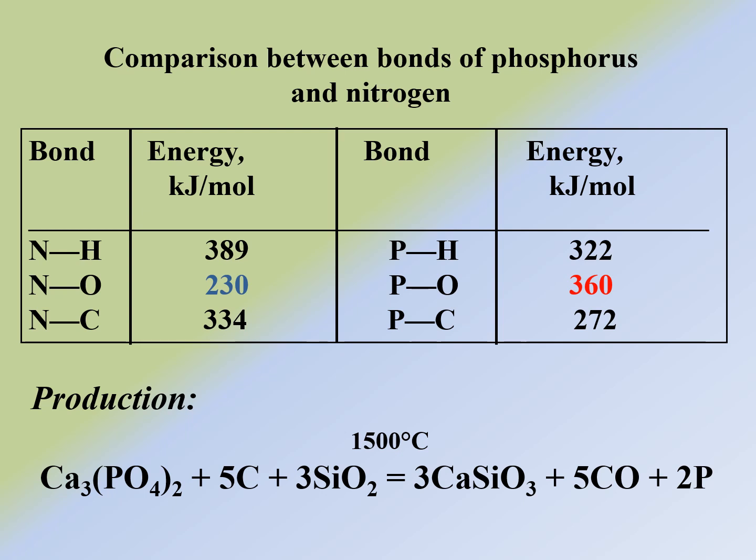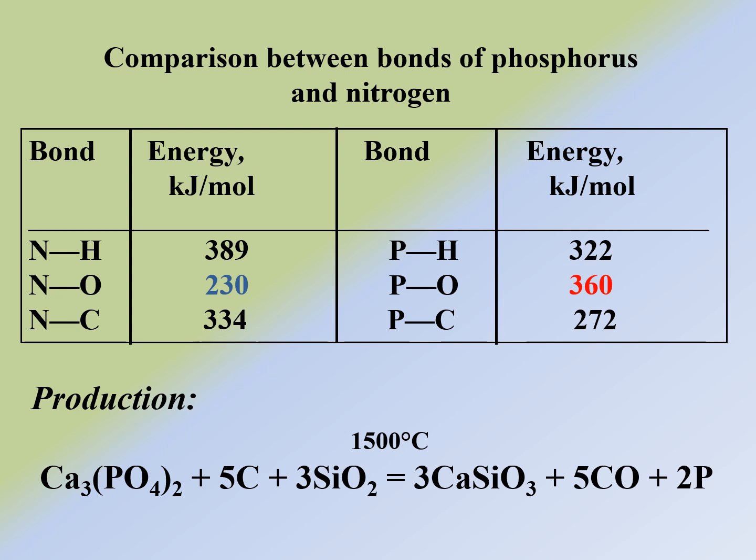Can you check the energy of those bonds? The bond between P and O is very strong, while the bond between N and O is not so strong. So nitrogen prefers to make bonds to hydrogen or carbon, while phosphorus enjoys oxygen.